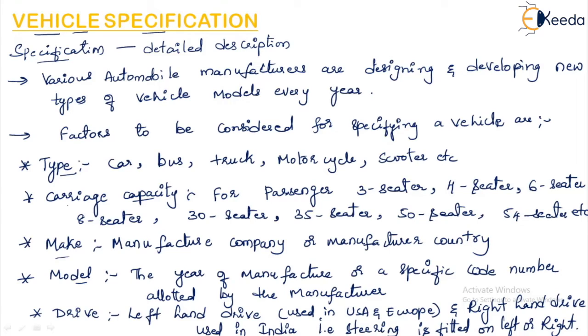Then make or manufacturer, so here it may be the father's name. Then model, we can consider the year in which he was born. Then drive, here we can see whether he is left handed or right handed. So this is a simple way in which we are specifying a particular person.